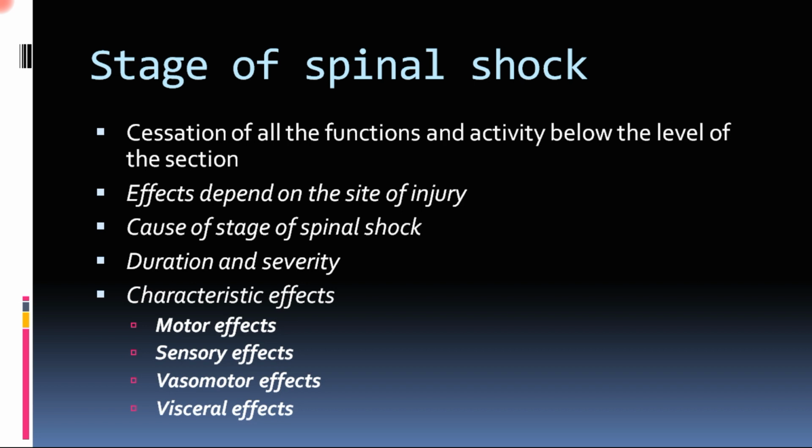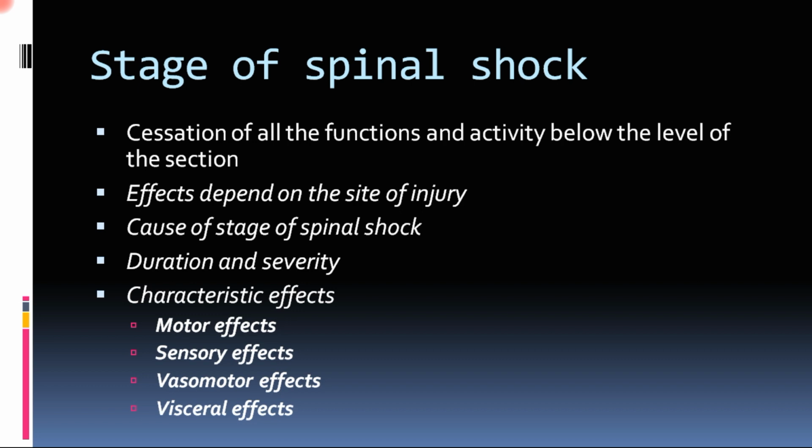Whereas above the transection, let us say if the transection is at T5 level, below the T5 level, T6, T7, T8 and further down, all the functions will be lost in the stage of spinal shock. But the T4, T3, T2 levels will still be functioning in terms of descending and ascending tracts. That means the motor supply will still be there and the sensation will still be going up. So that is the cessation of all the functions below the level of transection.